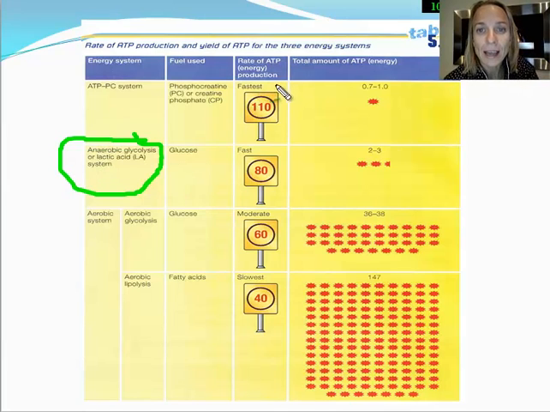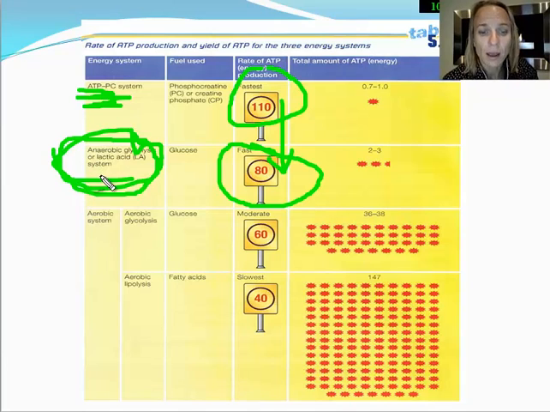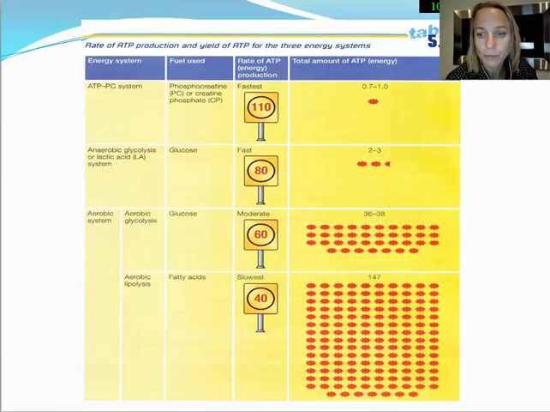But as you can see, there is a rate difference between the ATP-CP system and the anaerobic glycolysis system. So once we've run out of PC, we must therefore use a different energy system to contribute ATP dominance. And as you can see, it's at a slower rate. It's still fast, but not as fast as the ATP-CP system.